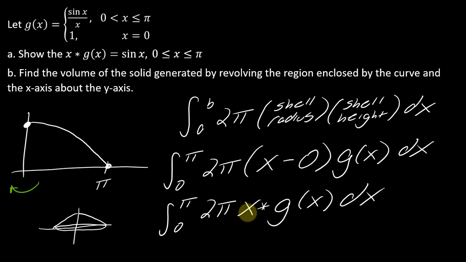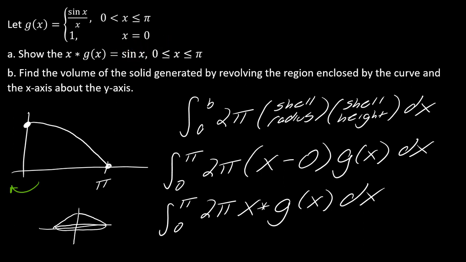So I get x times g of x, and when you start this problem, you're kind of nervous, right? Because it's a piecewise function. So it's like, oh man, how am I going to integrate with this? This feels so weird. But part A actually gave us a shortcut. Check it out. I've got x times g of x, and I know what x times g of x equals. I can just rewrite that part as sine.